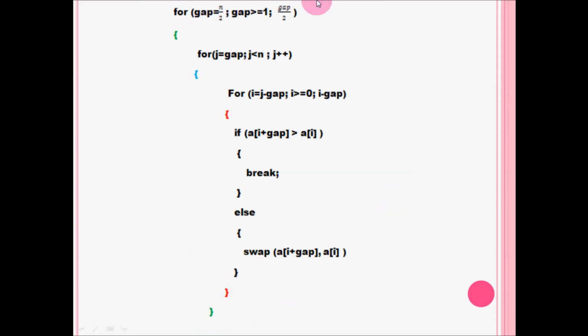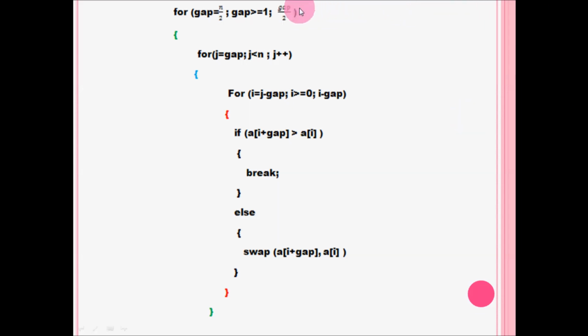So this is the pseudo code for the shell sort, or you may say the algorithm for the shell sort. And if you see my previous video for frequency count, we have mapped how to find the time complexity for this code.